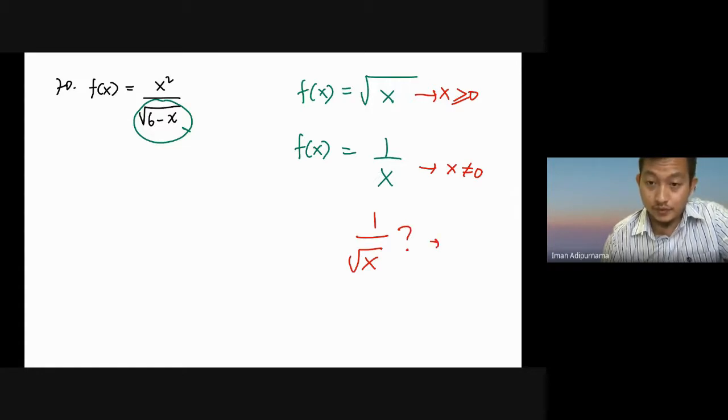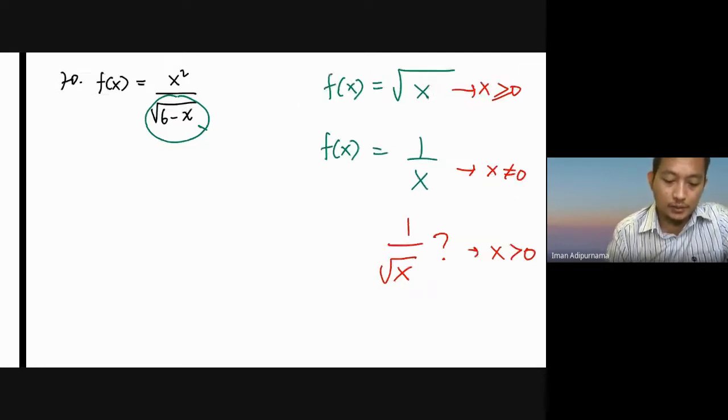We will have a combination, right? The domain will be combined. Same thing happened here for the 6 minus x.